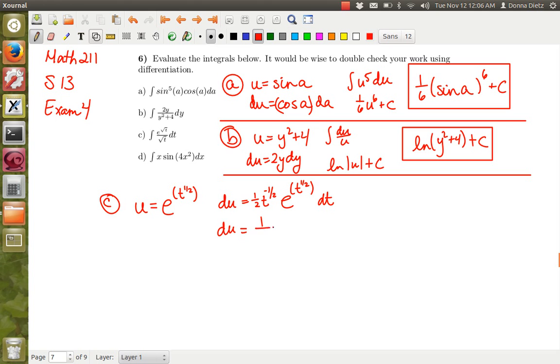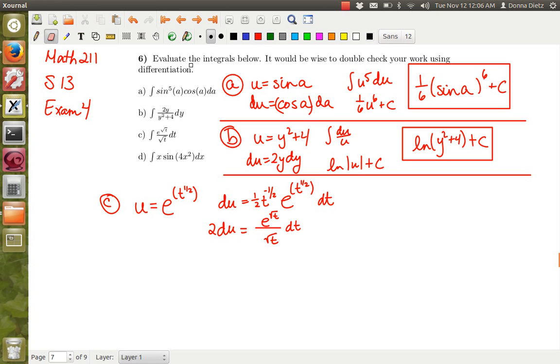We get 1 over 2 square root of t, and let's see, upstairs we get e to the square root of t dt, just by magic. So all this garbage mess, well, one little thing, let's put the 2 over here.